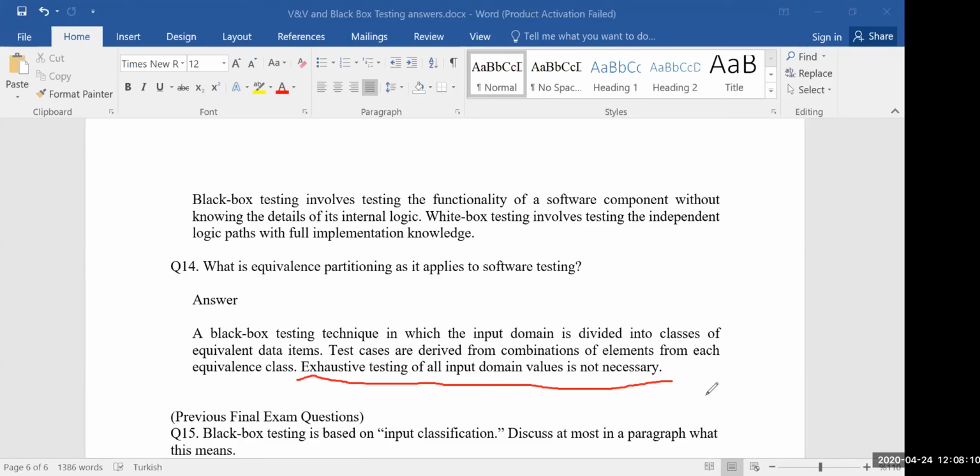That is the logic of equivalence partitioning in software testing.